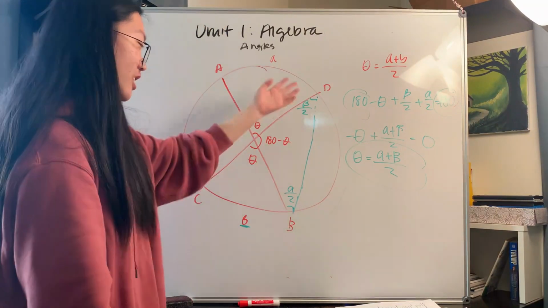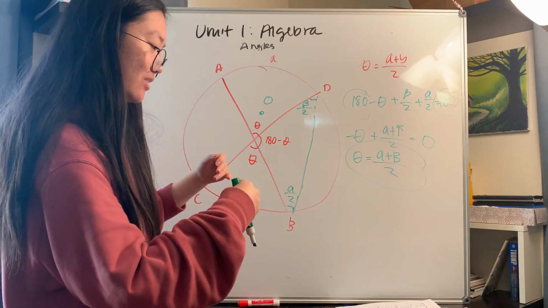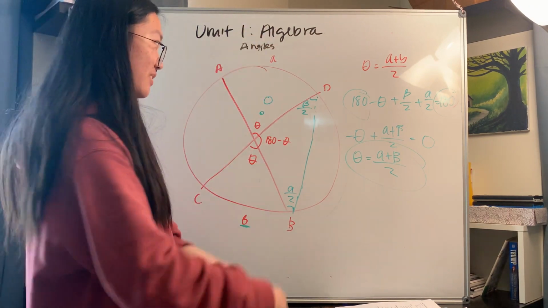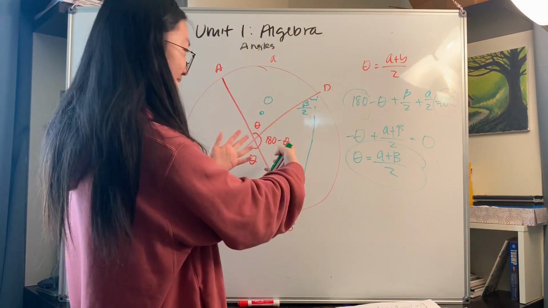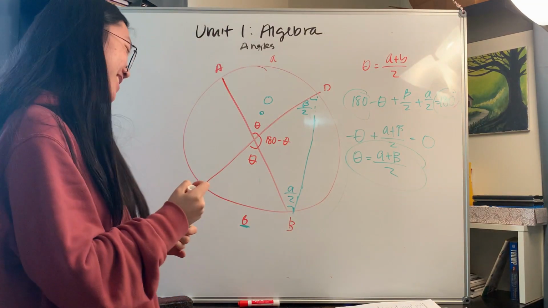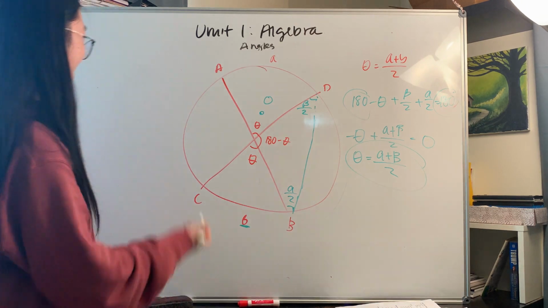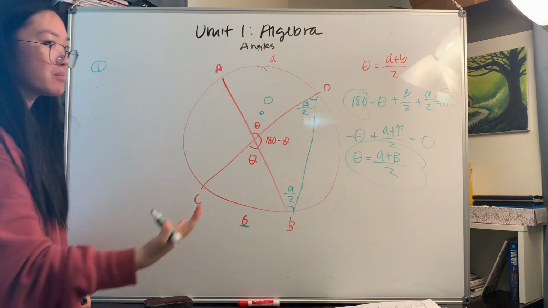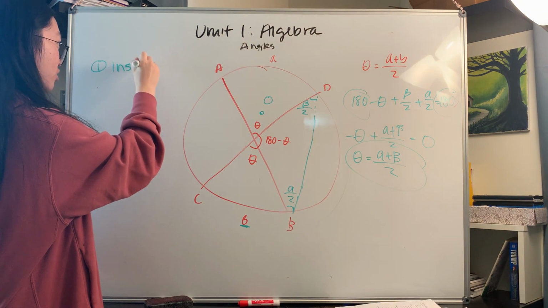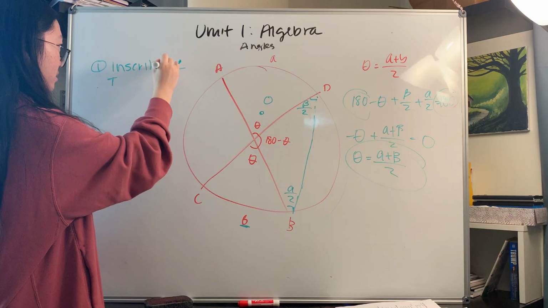And of course, drawing this line has another value, which is creating triangles, because if you have a triangle, you can figure out what the sum of all of that is, and you can figure out some helpful details about theta here. Also, supplementary angles, that's pretty important too. I should list out the stuff that was pretty important for the proofs that we did before. First was what we learned today, the inscribed angle theorem.